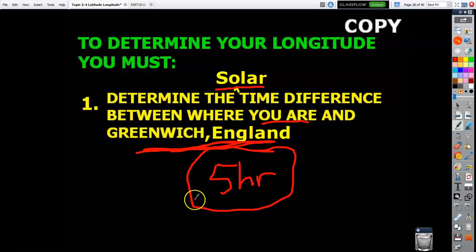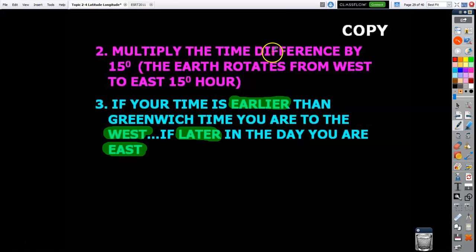How many hours between you and the prime meridian in Greenwich? We're 5 hours. Second step is multiply that hours by 15, right? Because again, the Earth is moving at a 15 degrees per hour rate. So you would take that 5 hours that we are from England, multiply that by 15, and if you do that, you get 75 degrees, 5 times 15.